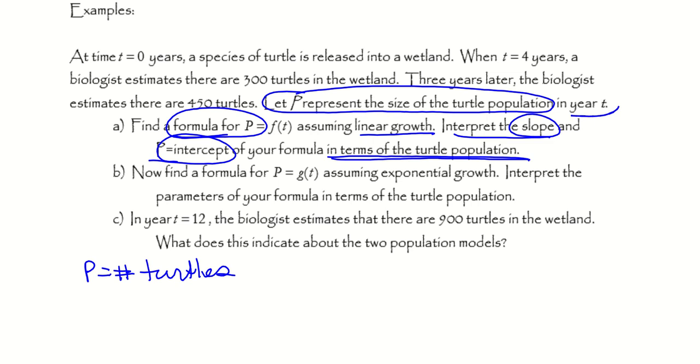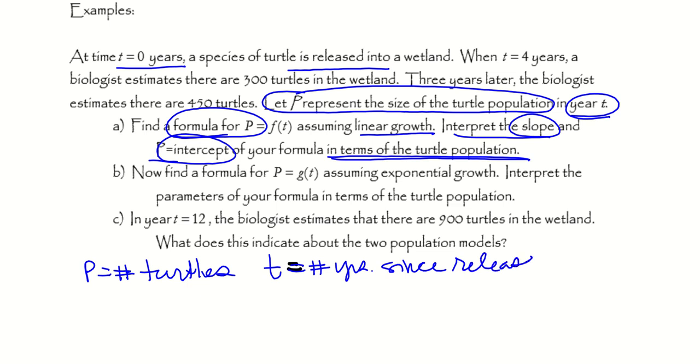In year t, where at t equals 0, the species is first released. So that means t is the number of years since release, since the turtles were dropped into this wetland.